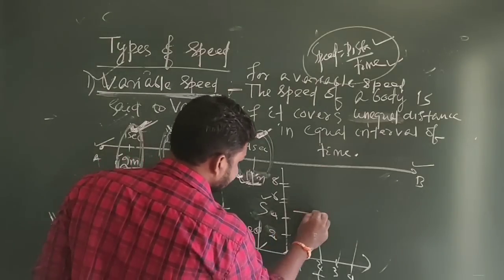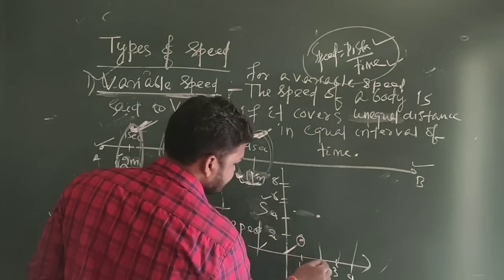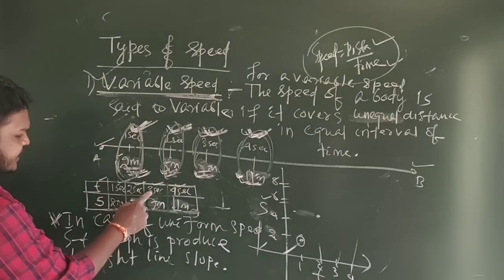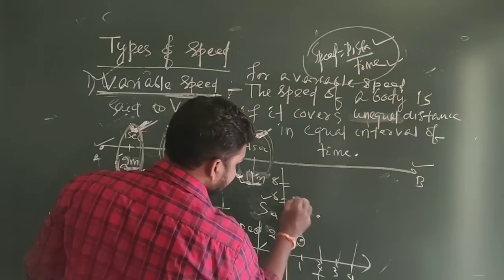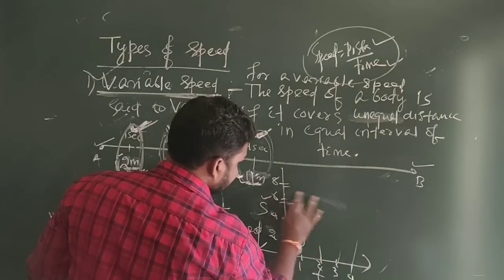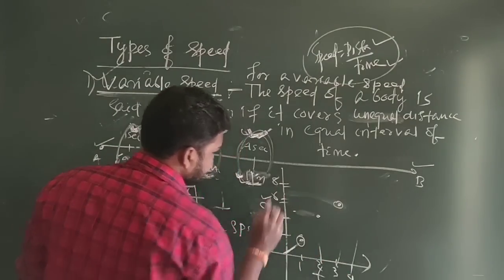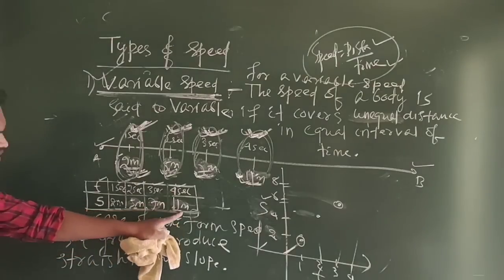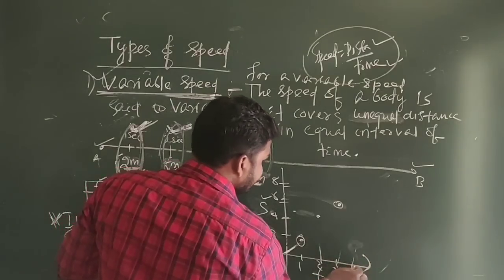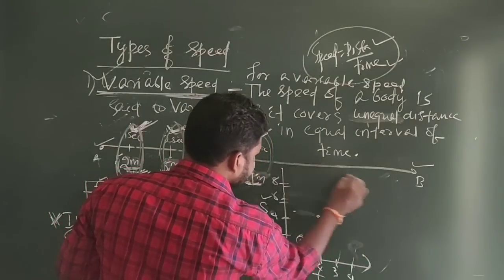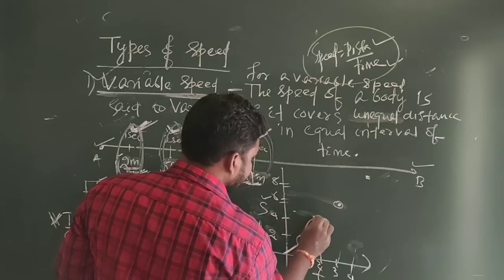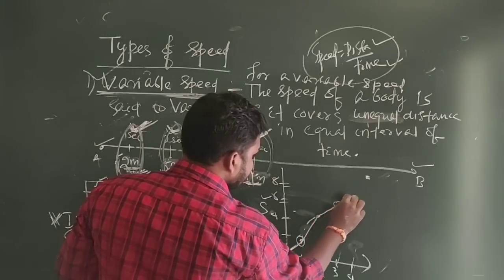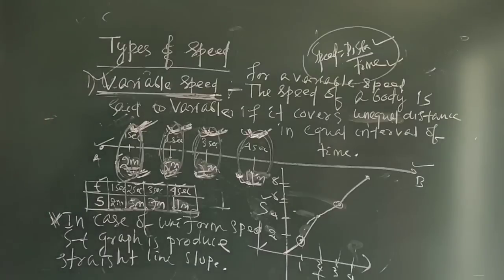In 3 seconds the body is at 7 meter, and in 4 seconds the body is at 11 meter. That means if we plot a graph, then it looks like a curve.